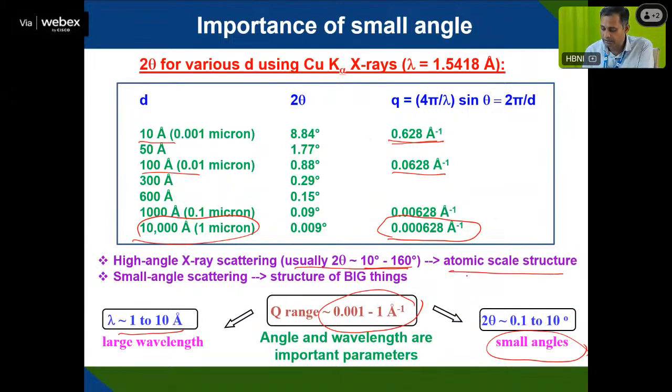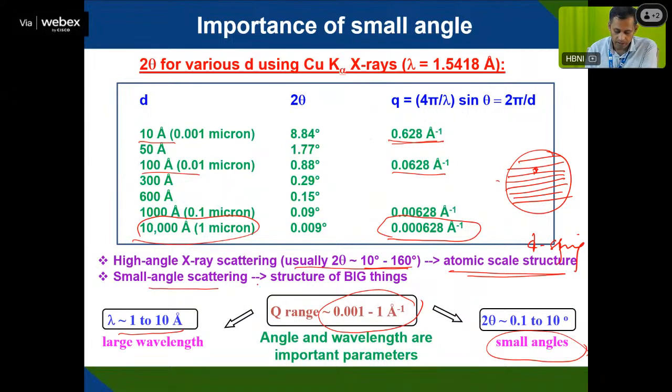The atomic scale that I discussed, you will mainly get d-spacing information, atomic structure information. That is, inside this nanoparticle, how the planes are arranged. Those interplanar distances you will be able to find out by using high angle X-ray scattering.